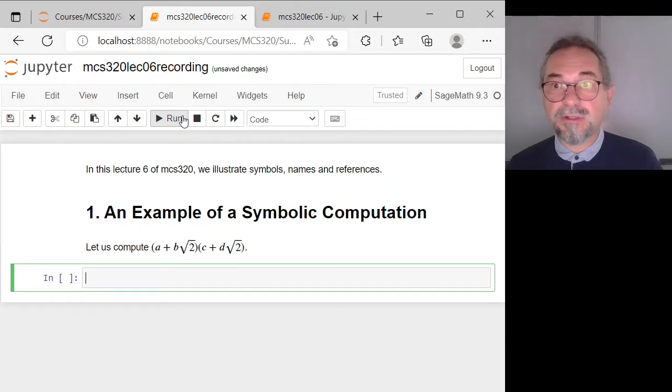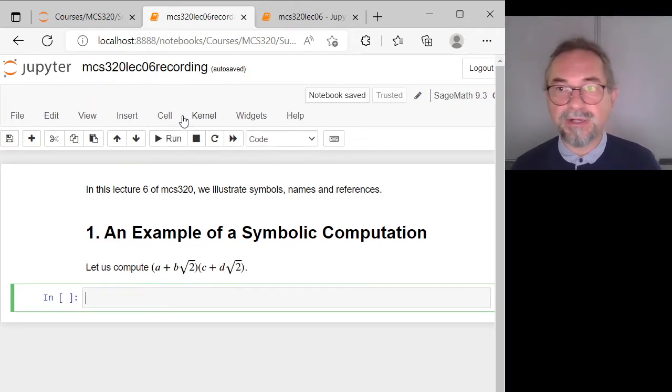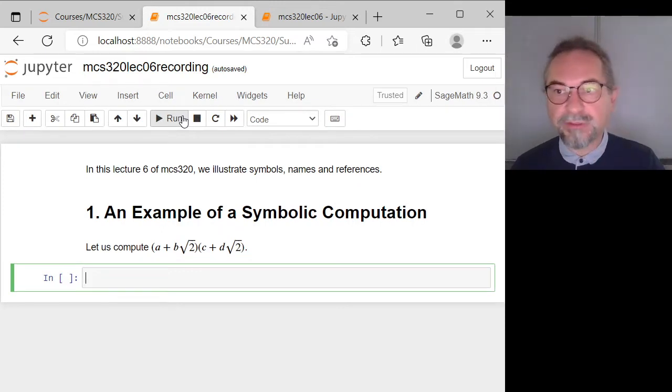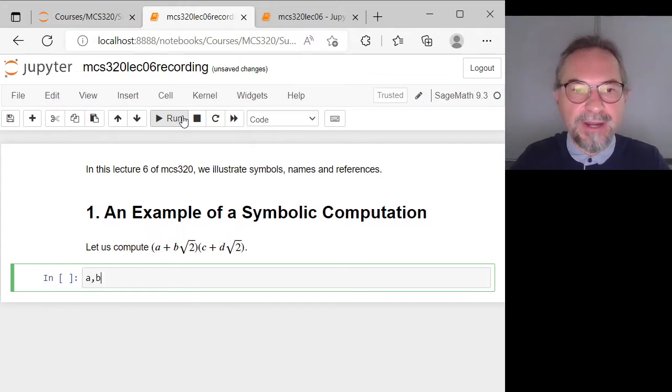The square root of 2 is already there, so by default Sage will not evaluate this, so I don't have to declare a symbol for that, but I have to declare variables for A, B, C, and D.